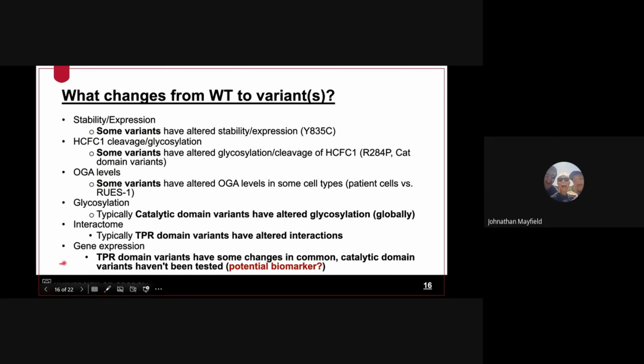And lastly, we've also seen that the TPR domain variants have common changes in gene expression, both in terms of genes that are upregulated or downregulated compared to wild type. But we haven't studied this for the catalytic domain variants yet. Overall, we're looking for a common change or biomarker in all variants, if possible, so we can start looking for ways to help all of the OGT-XLID patients.